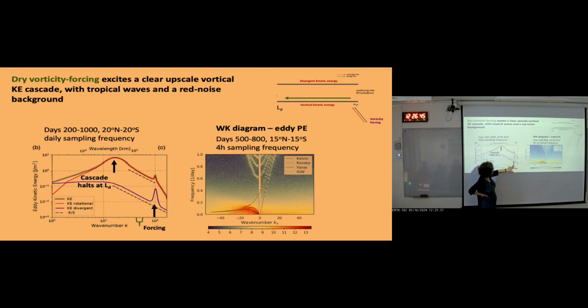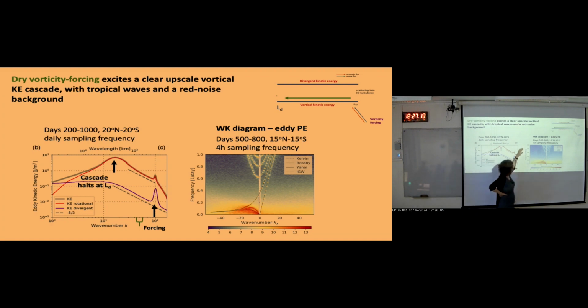Okay, and you see that when you force vorticity, you're exciting divergence at the forcing scale. You see the forcing as a peak, but you see the maximum energy is at a smaller scale. Okay, and we've checked explicitly, there is an upscale cascade, and this is the minus 5/3 slope here. Okay, and this is the radius of deformation. This is where it halts the cascade.